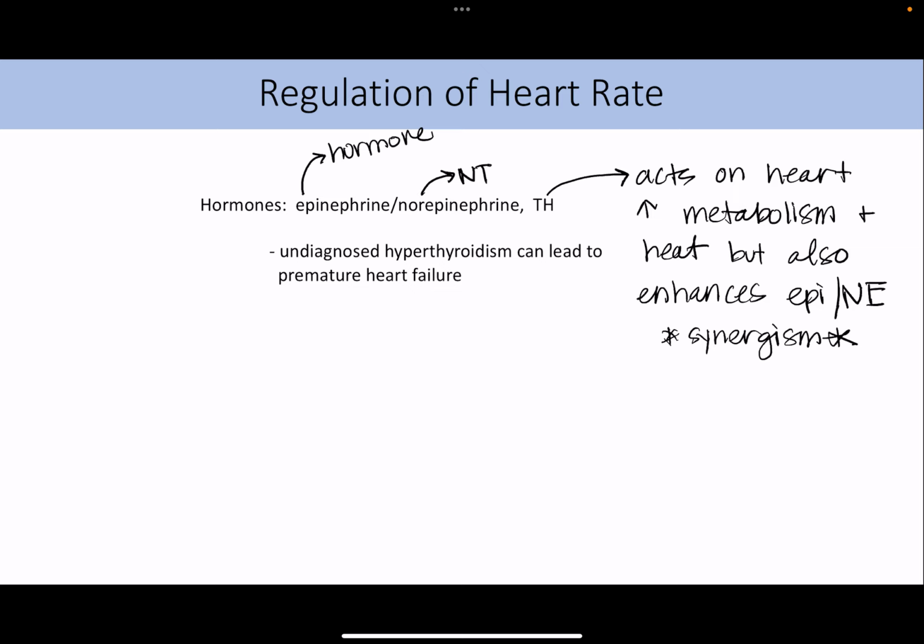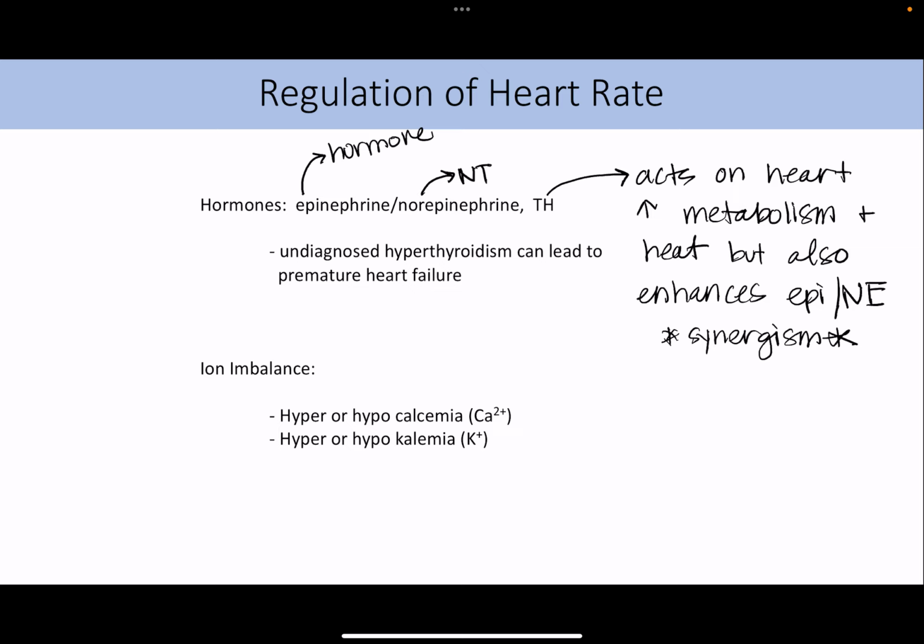Ion imbalance can also influence the work of the heart. So again, we said that anytime you have an increase in the availability of calcium, increased calcium can increase heart rate and increase contractility, to a point.